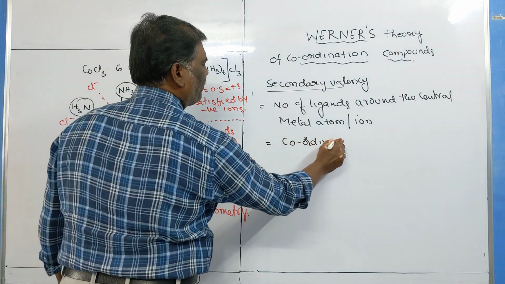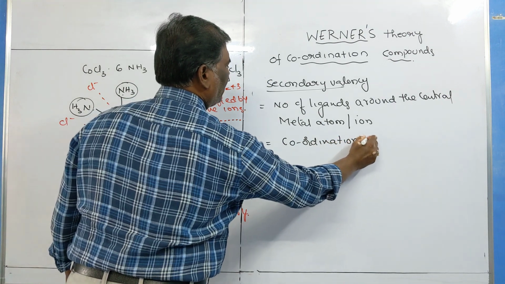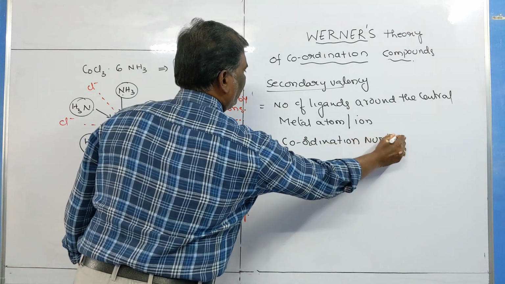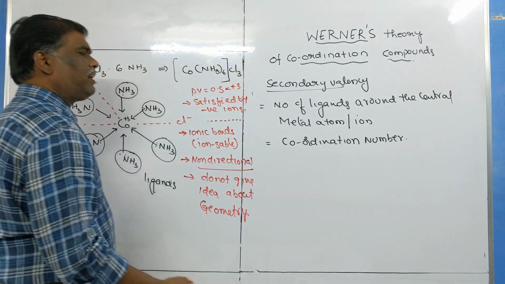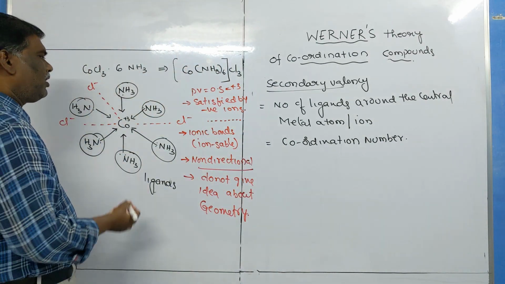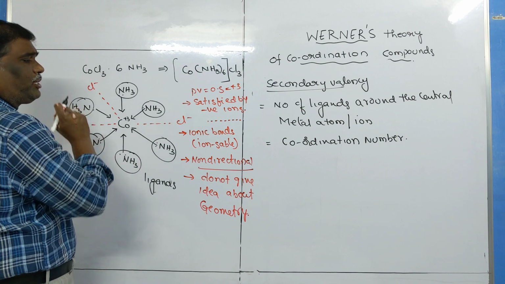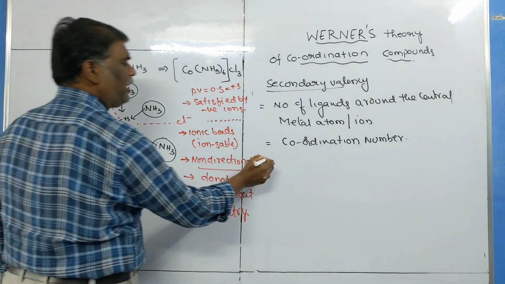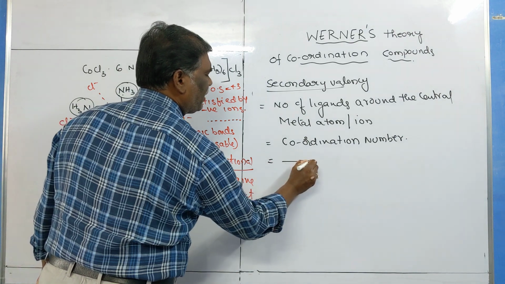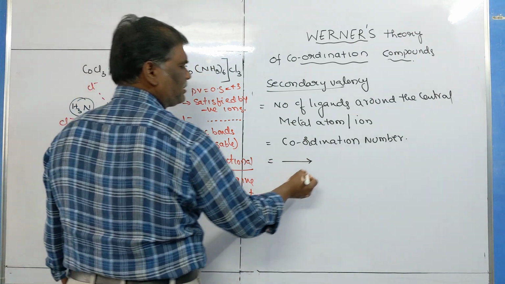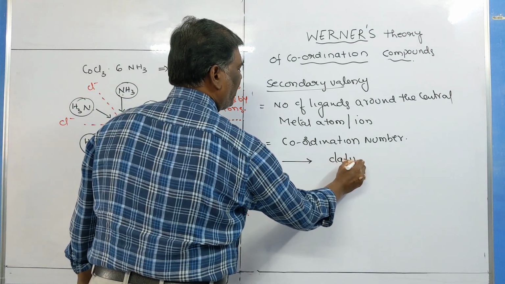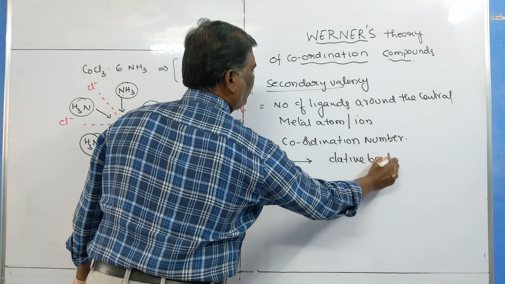coordination number. What is called coordination number? The number of ligands surrounding the central metal atom is called the coordination number. Here in this case the coordination number is 6. Now these are represented by arrow marks, or by dative bonds.